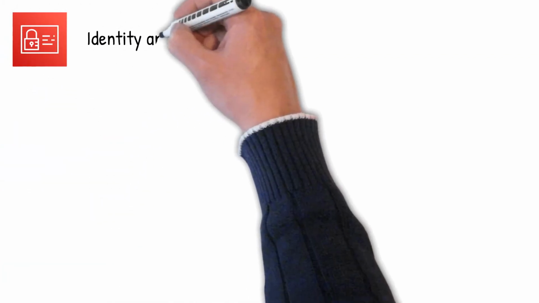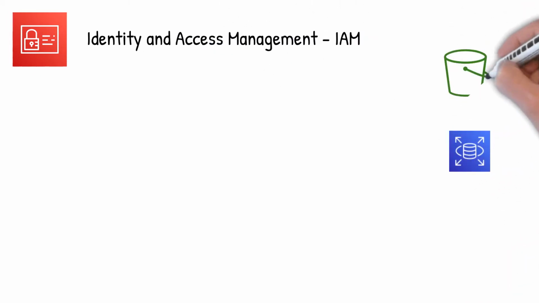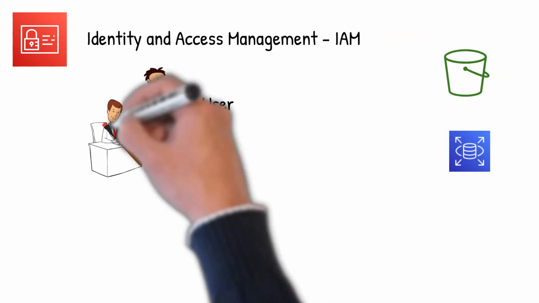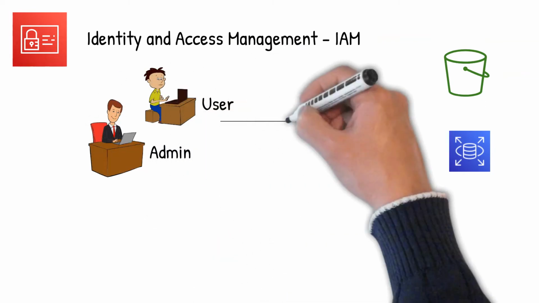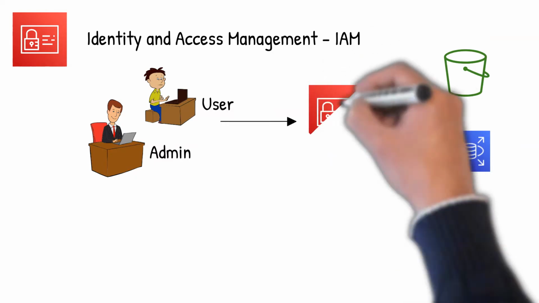Identity and Access Management, or IAM. No matter how simple an application, it requires some level of user interaction in the form of users, admins, customer service representatives, and others. Therefore, it is critical to establish and enforce proper boundaries for each of these roles.